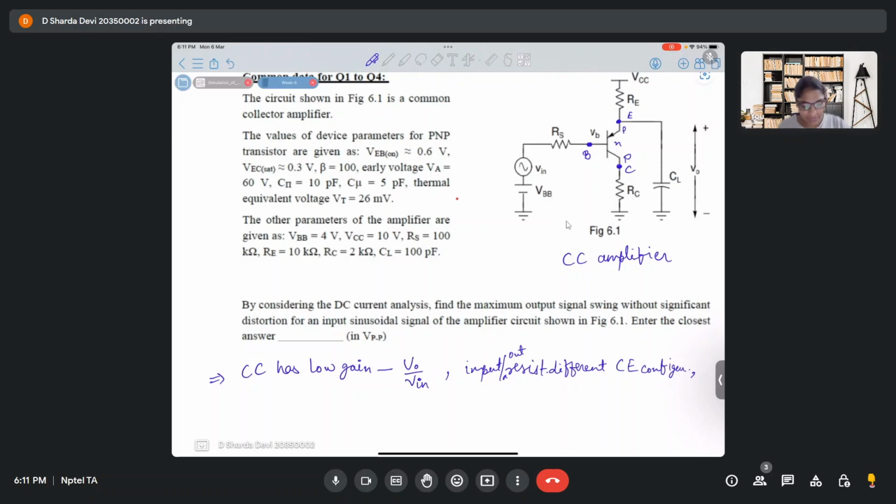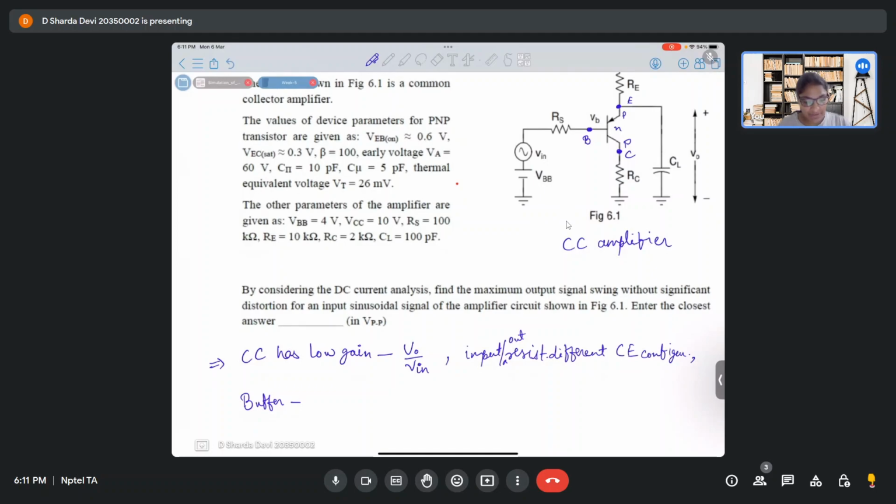What does buffer mean? Sorry, ma'am, I am unable to describe. So basically, what does a buffer mean? Buffer means your input is translated to output.